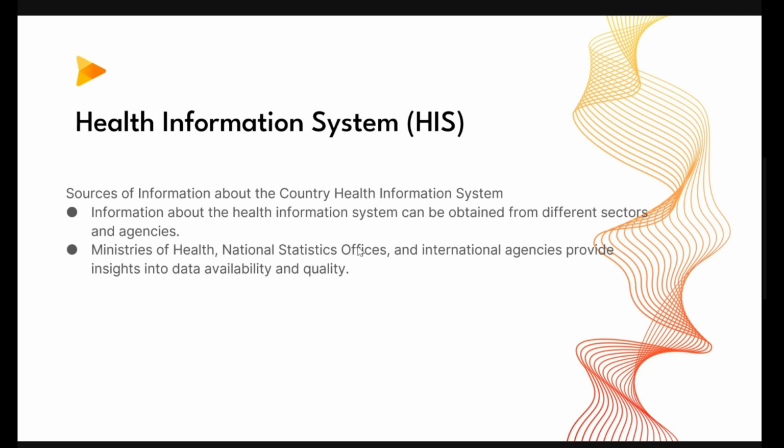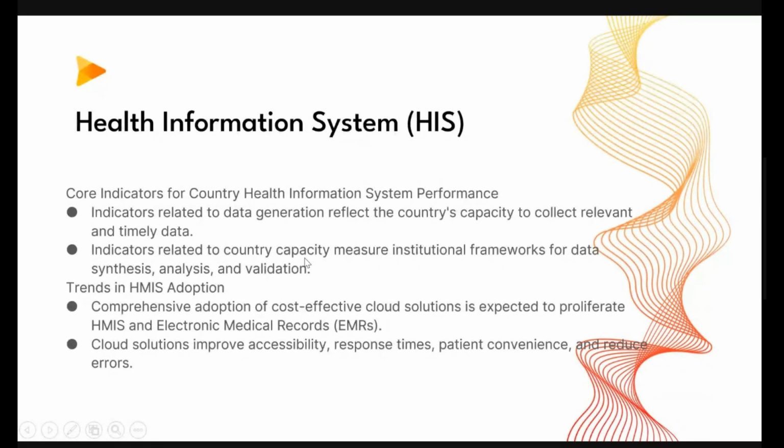So overall, it needs to have the ministries of health, national statistics offices, international agencies, all of them able to provide you the availability of the data and the quality of the data. So the availability and the quality of the data is the key in providing the right kind of medical information.